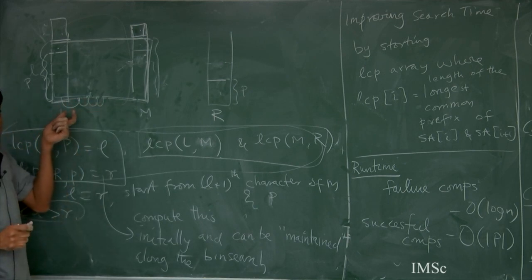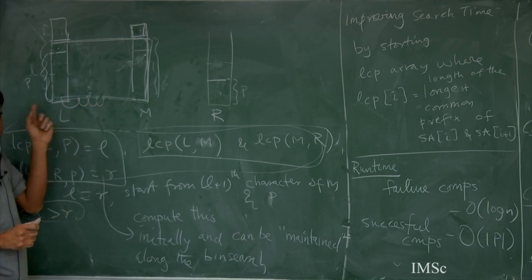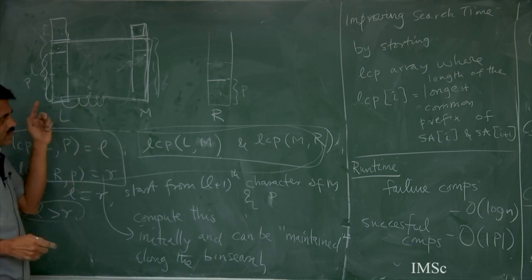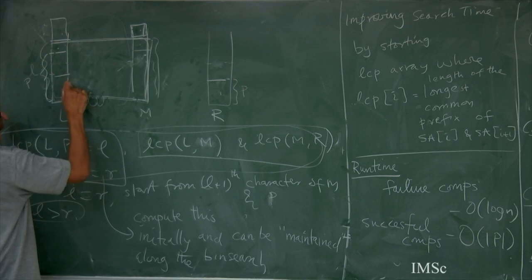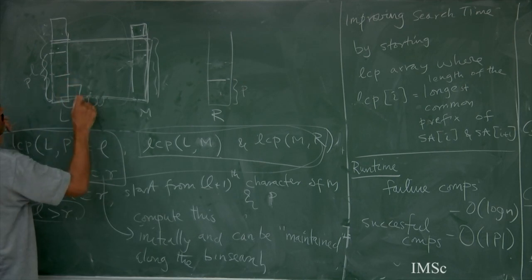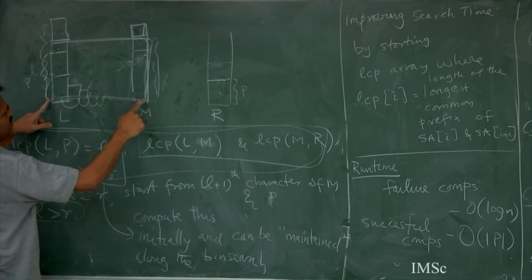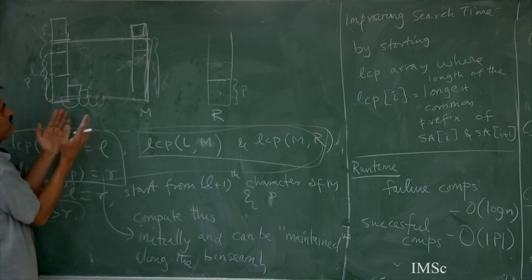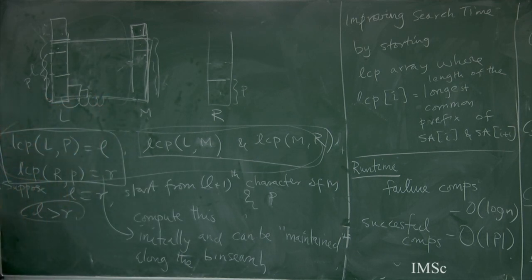It's the minimum of all of these. Suppose these two match only up to this point, and these two match only up to this point. There is no way these two are going to match anything beyond this. So it's just the minimum of all of it.